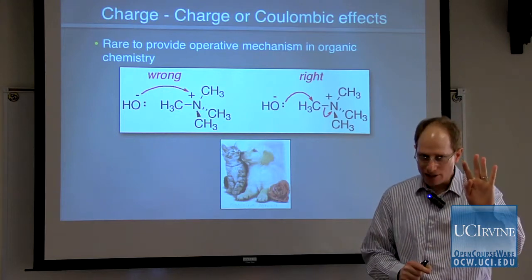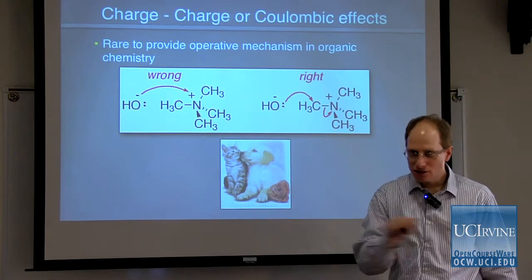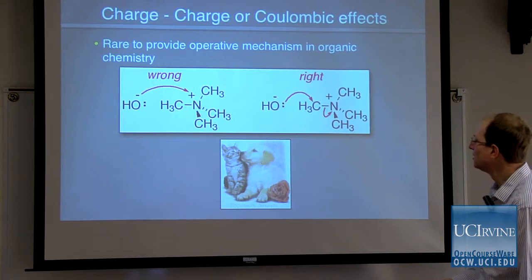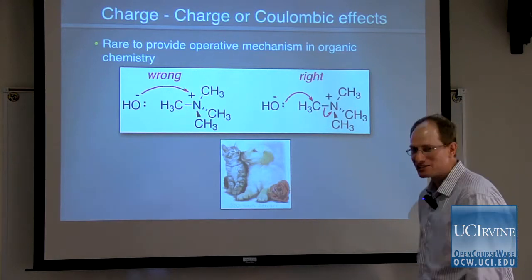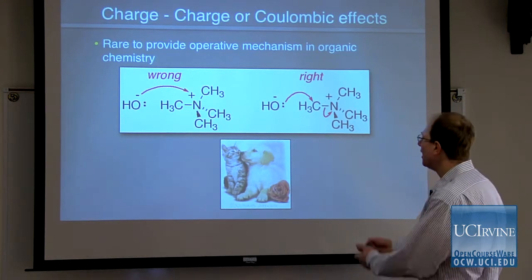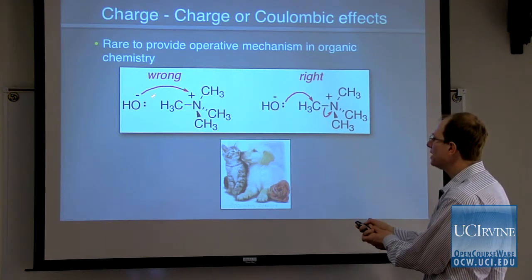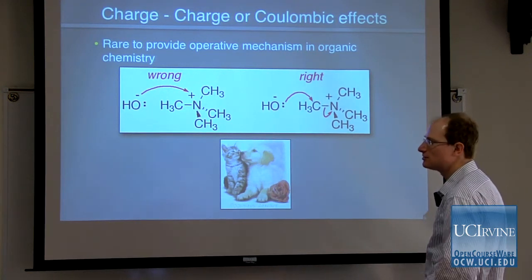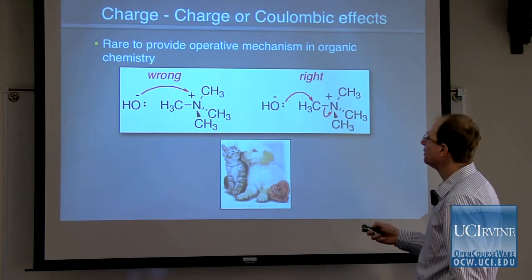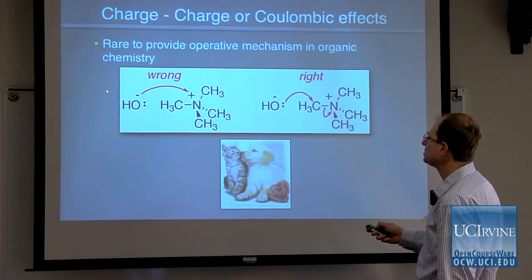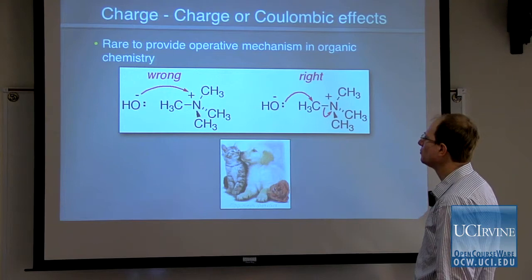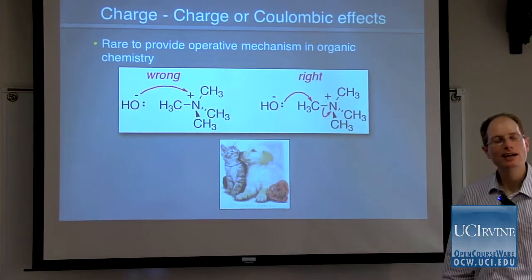That's 4 bonds. 5 bonds, totally wrong. Another big problem with this that infuriates me is notice the arrow starting on the negative charge and moving to the positive. That's wrong too, because again, arrows are supposed to depict overlap of orbitals. I'm getting a little ahead of myself.